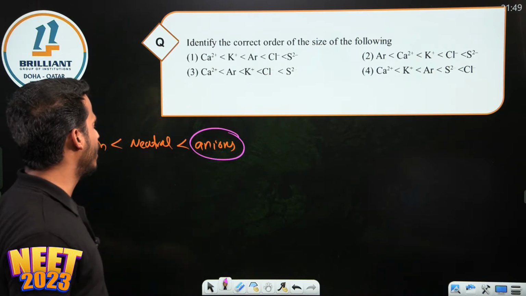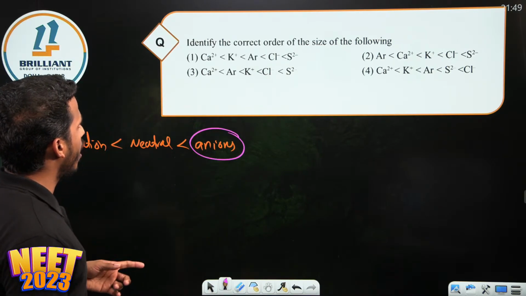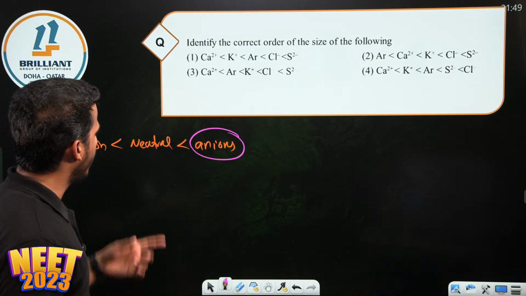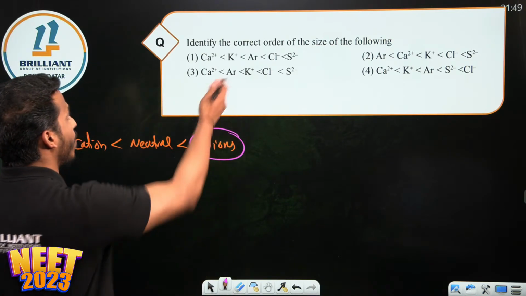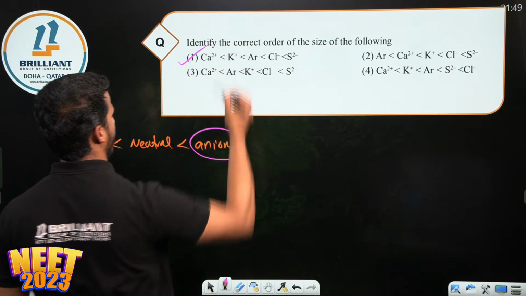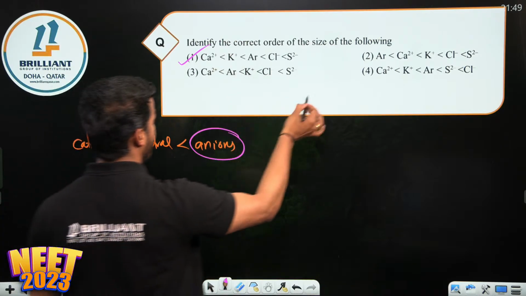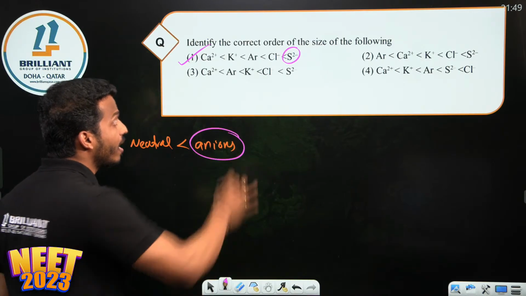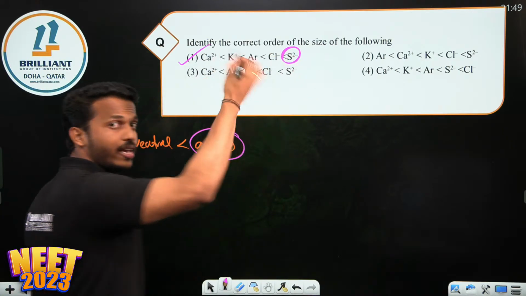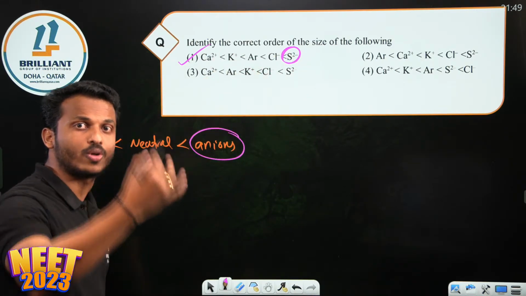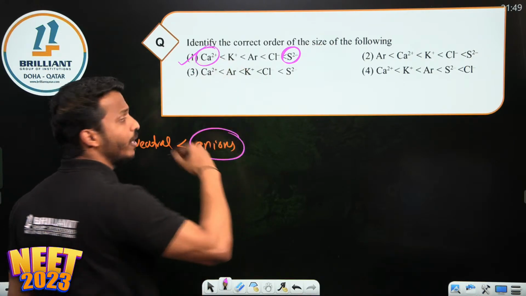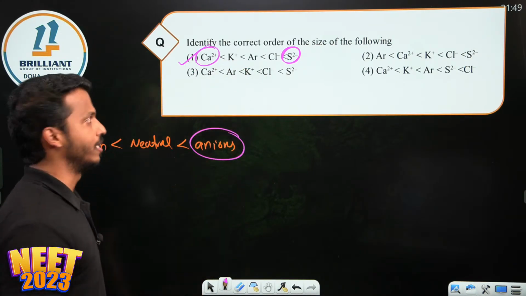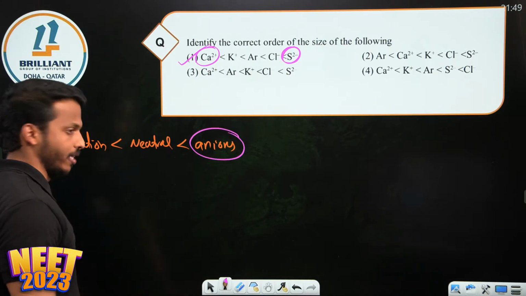Then Cl minus, then argon, the neutral element, then come to the cations, K plus and Ca2 plus. Dear all, the point is, anions are bigger. Among anions, as the charge is greater, the size is also greater. But in cations, when charge increases, size decreases. Okay, option 1 is the answer.